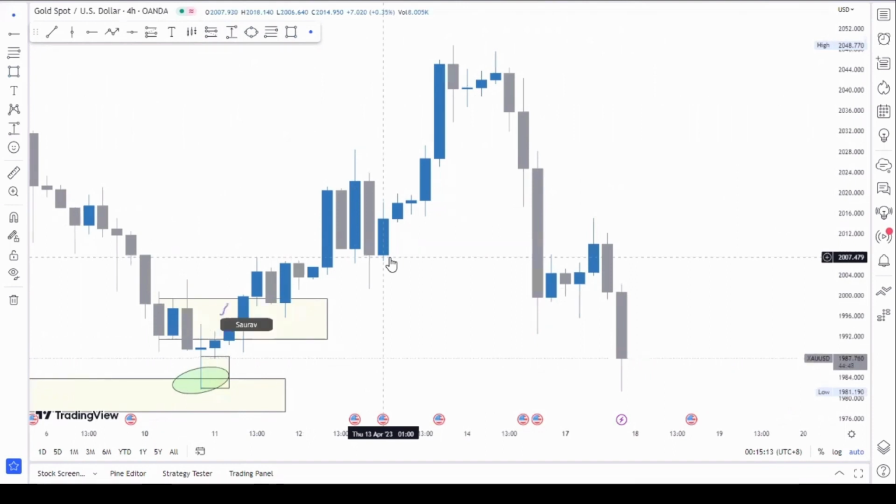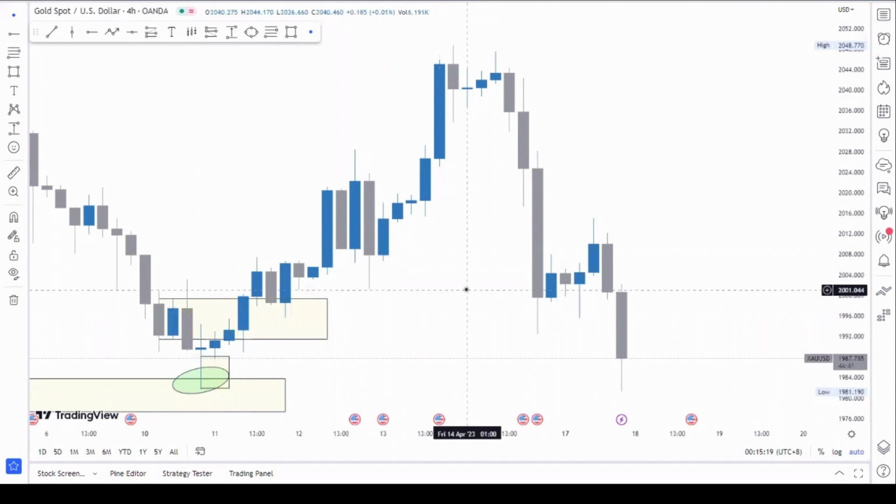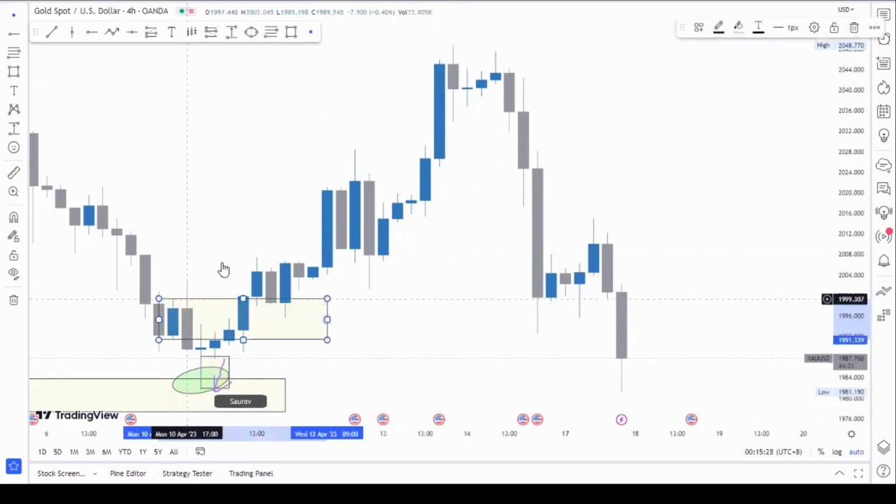This one, on touch. Yes, this zone. If we want to buy, where is the CMP that we need to look at? No. In this zone, where is the CMP that we need to look for? In the upper zone.